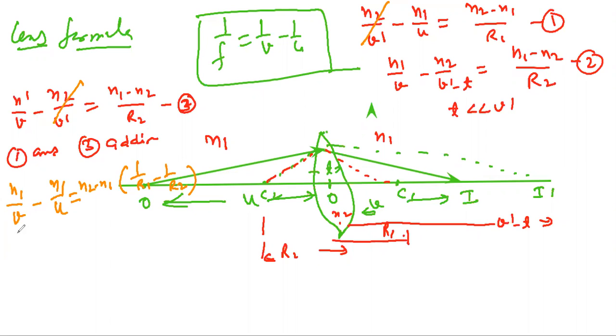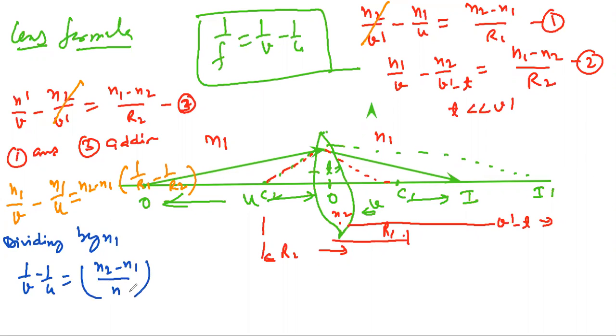Divide both sides by N1. So what you will get: 1 by V minus 1 by U is equal to N2 minus N1 upon N1, times 1 upon R1 minus 1 upon R2. Have you followed? Yes, sir.